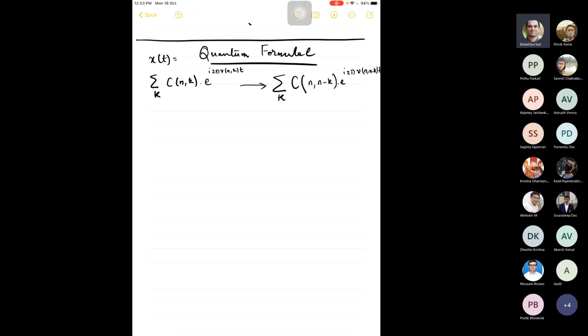The only difference is this is c n minus k, this is c n k, and this is nu n minus k, and this is nu nk. And nu nk is defined as k times delta E by delta n, and nu n minus k is defined as En minus En minus k by h.